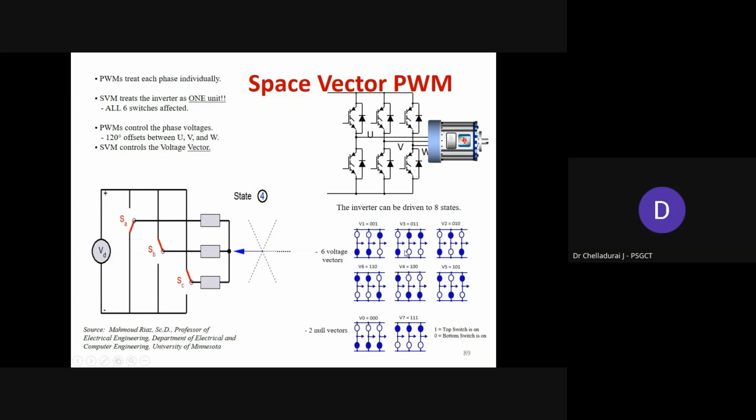Similarly for the second sector, third, fourth, fifth, sixth, and then two null vectors. Null vectors may be in the 0, 0, 0 condition or the 1, 1, 1 condition. 0, 0, 0 means all the bottom switches are on, and 1, 1, 1 means all upper switches are on. Under this mode of operation, the output voltage will be equal to 0. So in conventional space vector pulse width modulation, we have to use these two null vectors.